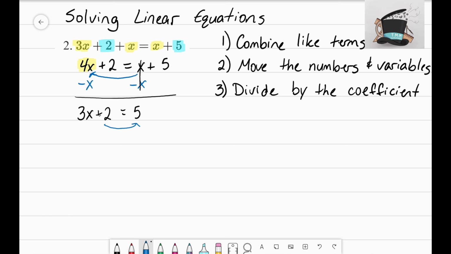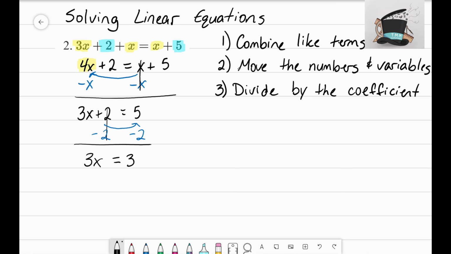So since I am adding 2 here, in order to undo that operation, I will subtract 2 on both sides. I bring the 3x down. That didn't change. Well, positive 2 minus 2 zeroes out, so that just goes away. I bring down my equal sign, and 5 minus 2 gives me positive 3.